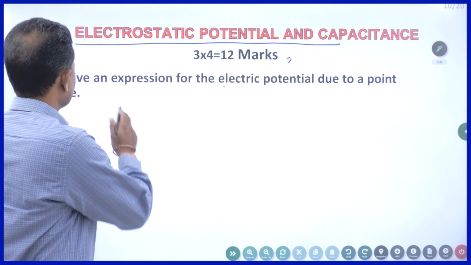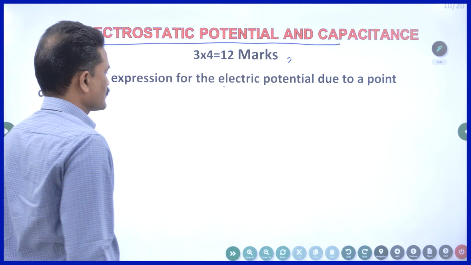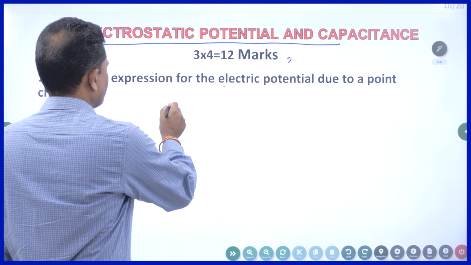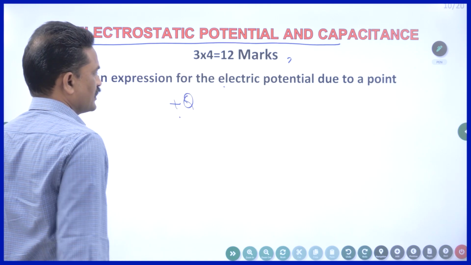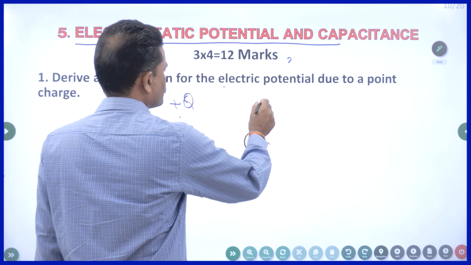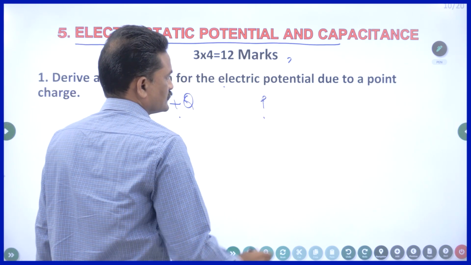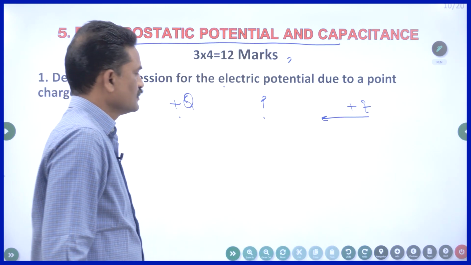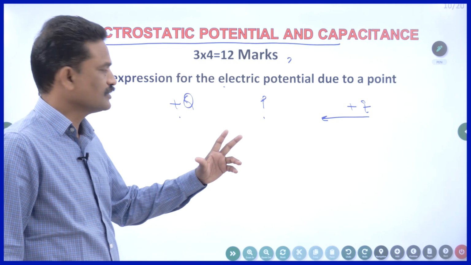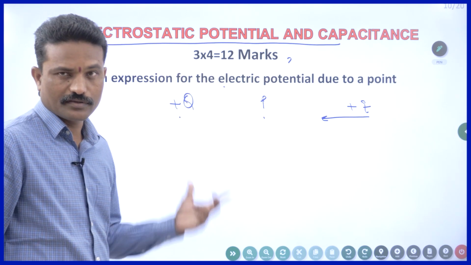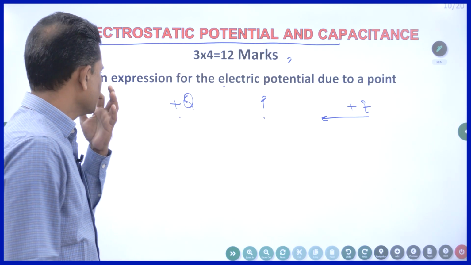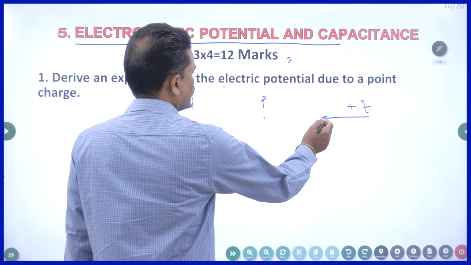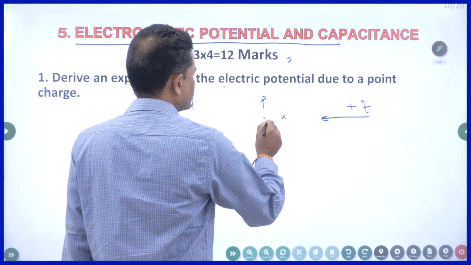Right. So, you have to write the definition first. So, there is a plus Q, a big Q. I am bringing a small q to this point P. So, a small positive q is approaching, forcibly coming towards big Q. Is this clear? Right. So, that work. Meanwhile, let us take a small distance dx.